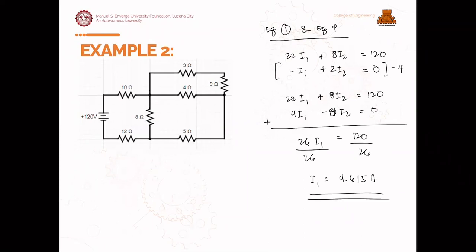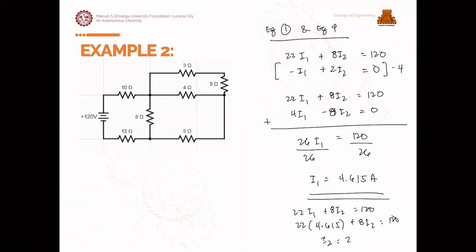Then sa I2 natin, so 22 I1 plus 8 I2 is equals to 120. So 22 times 4.615 plus 8 I2 equals to 120. Yung I2 natin would be equal sa 120 minus 22 times 4.615 divided by 8.